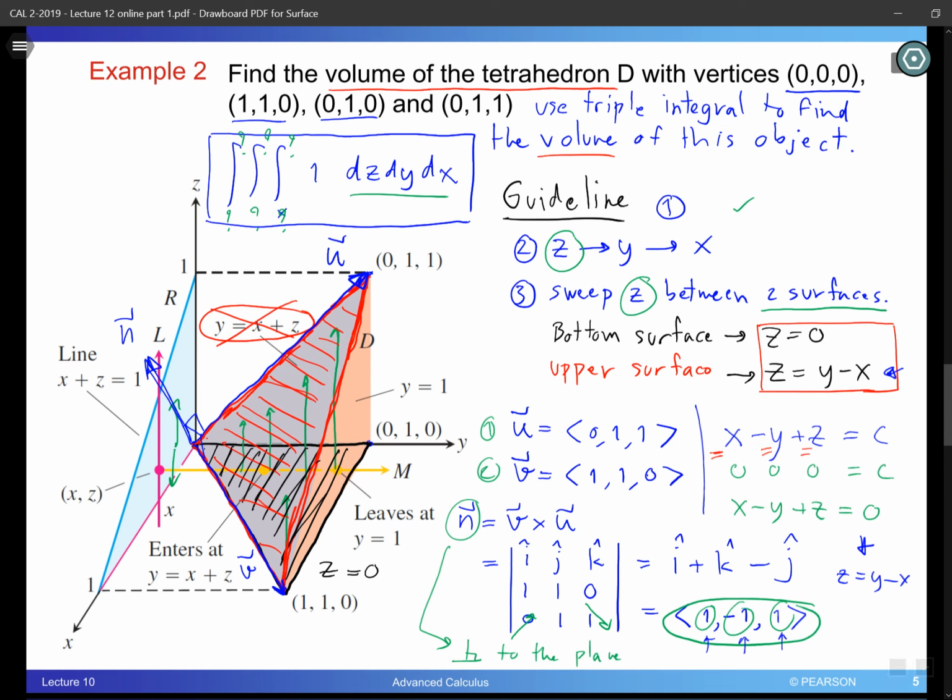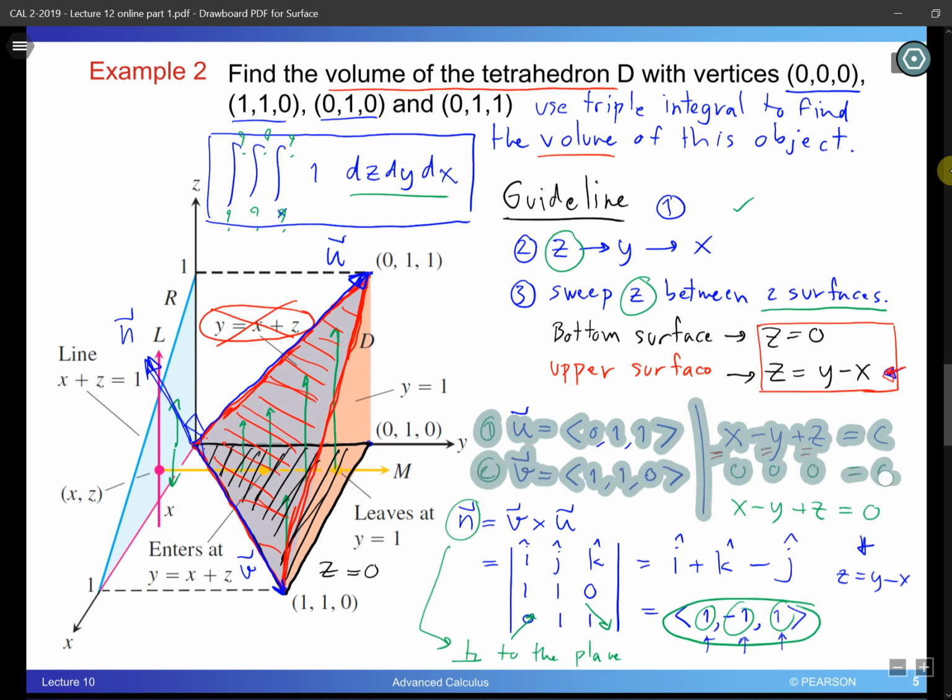So that's how you get z equals y minus x by yourself. But if it's given to you, you don't need to bother with this. I need space, so I'm going to erase what I just did down here for the equation of the plane.